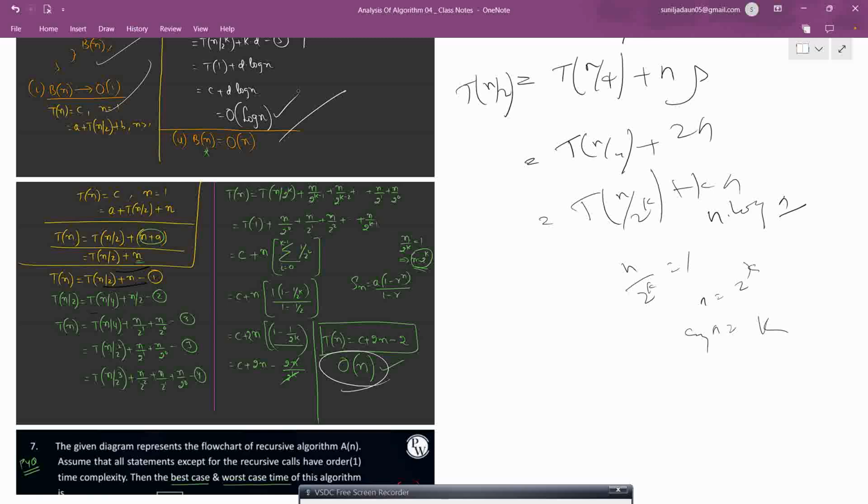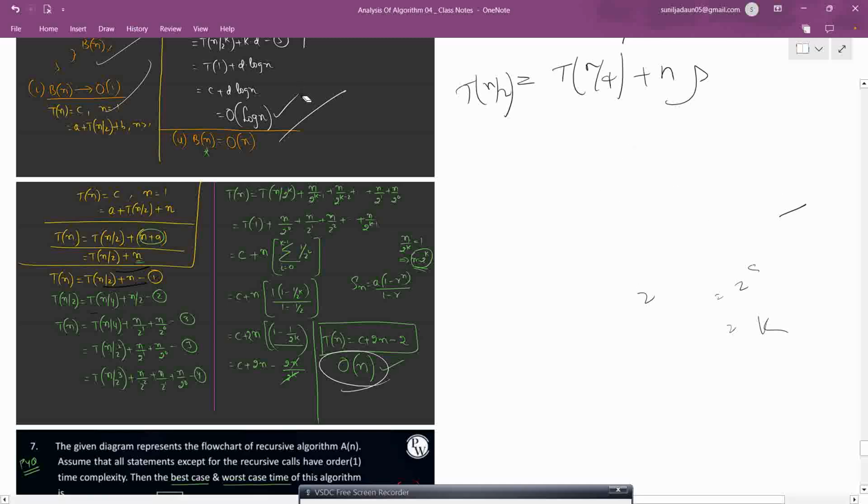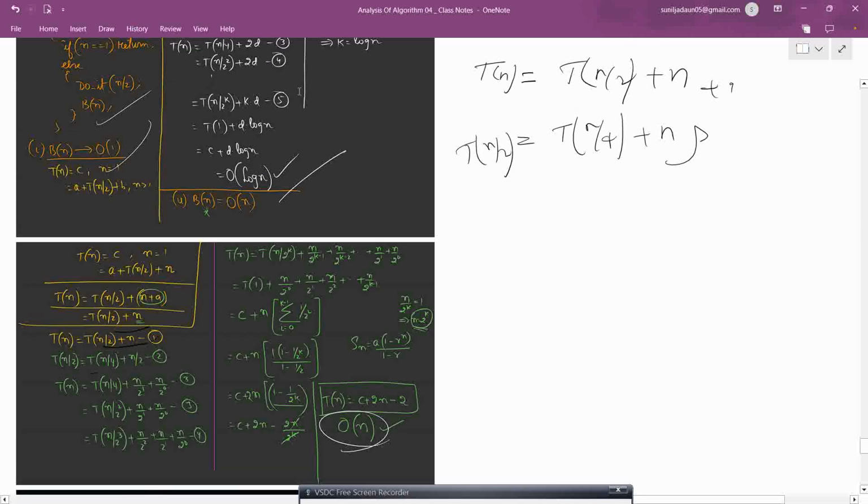Alright, so this is not how it works. So say n by 2 here. Alright, if you go for T of n by 4, it will become 16.